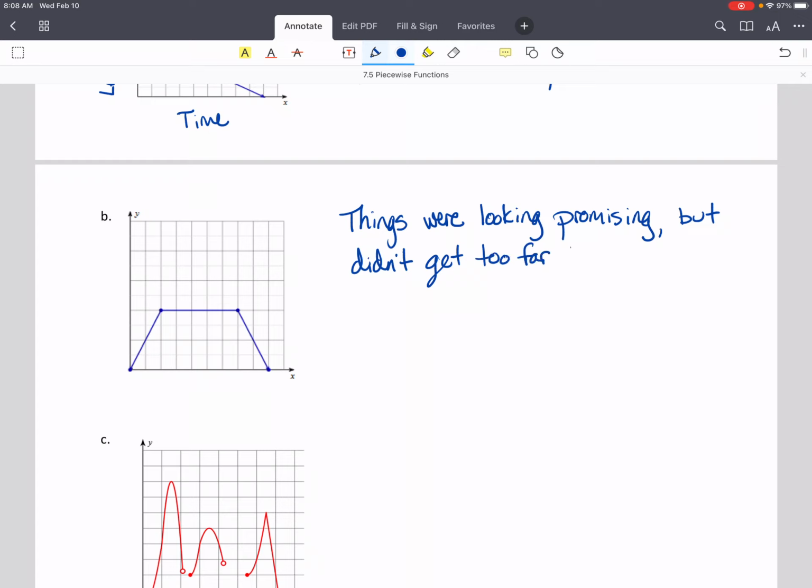But didn't get too far before nothing grew any further.